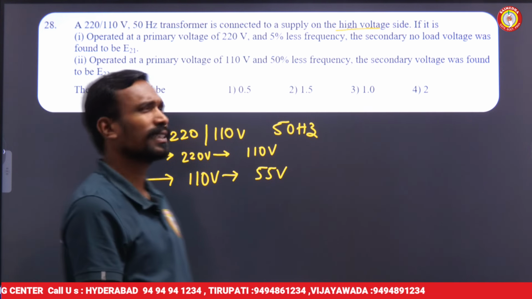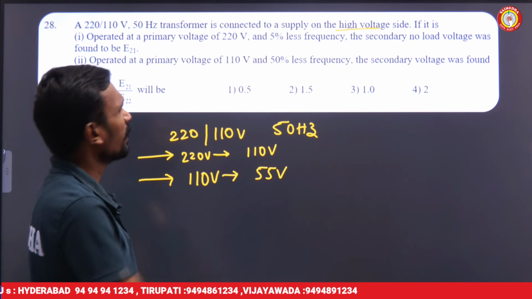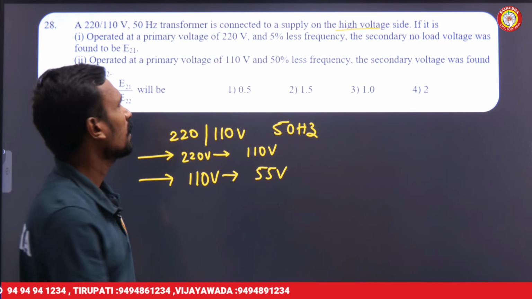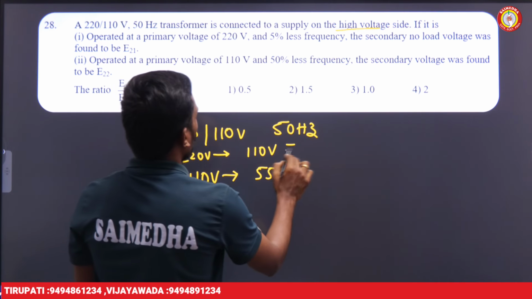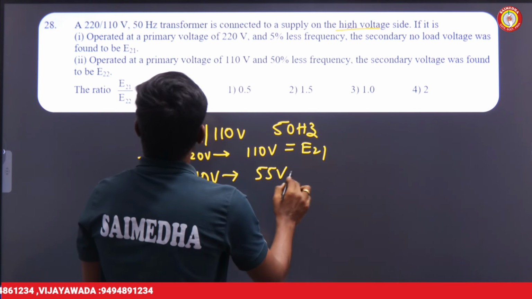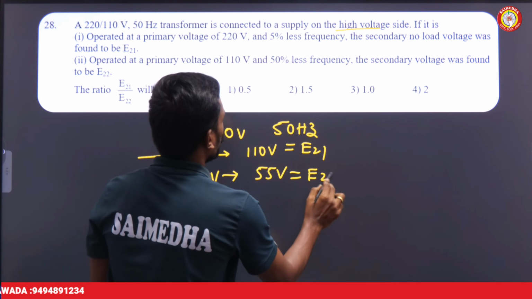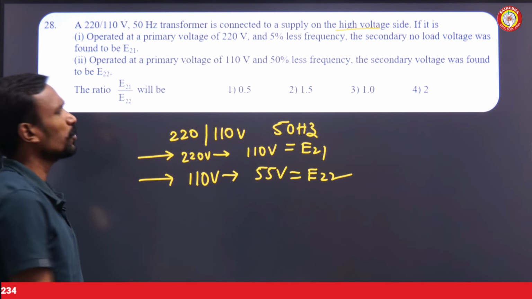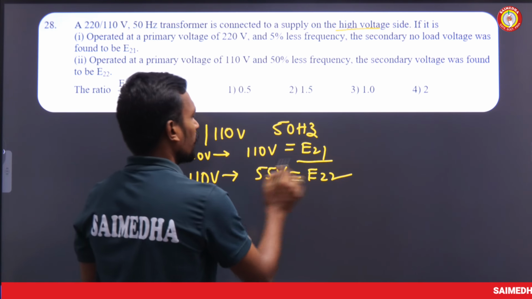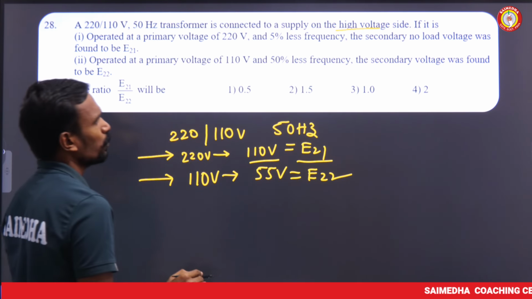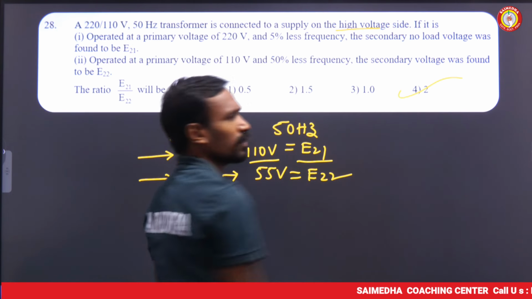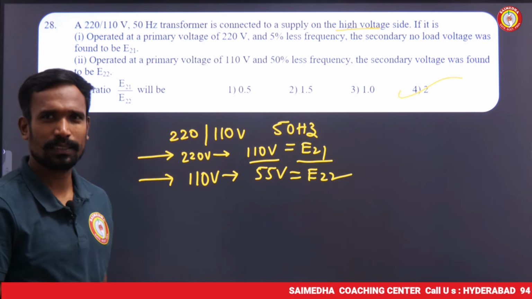First case 110 volts, second case 55 volts, even though frequency reduces. In the first case it is called E21, in the second case E22. They are asking E21 by E22, which is equal to 2 times.